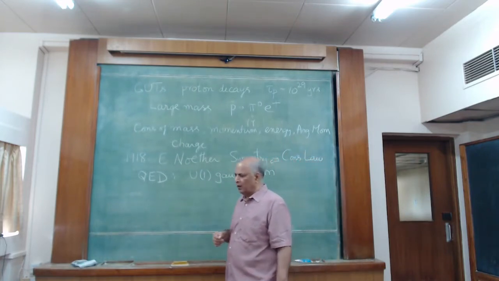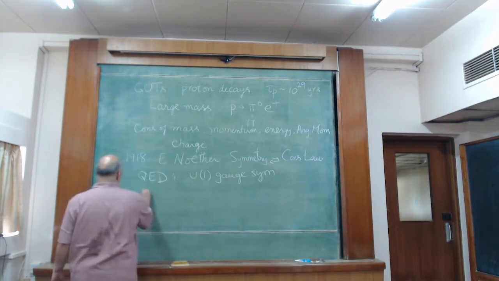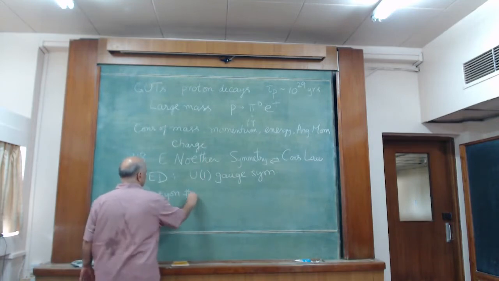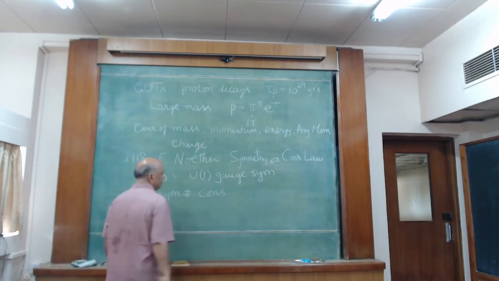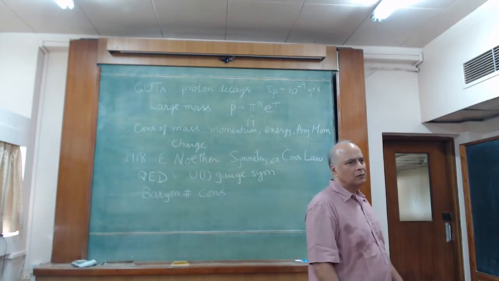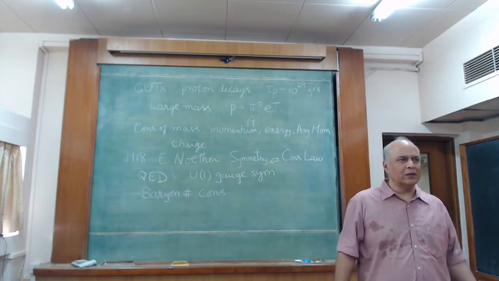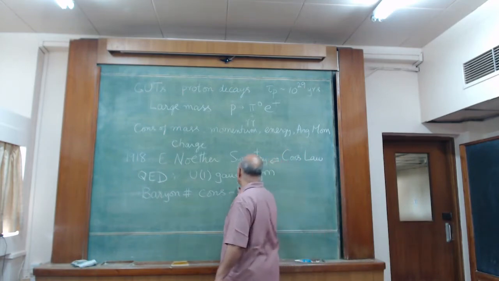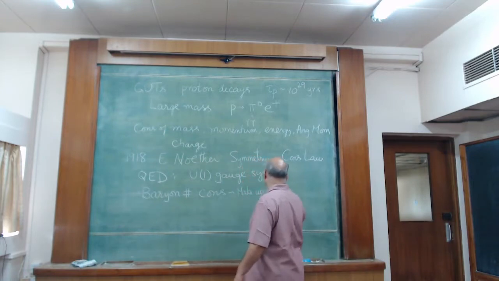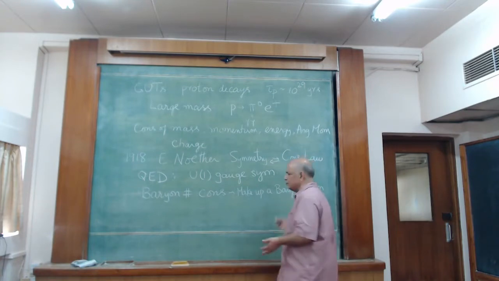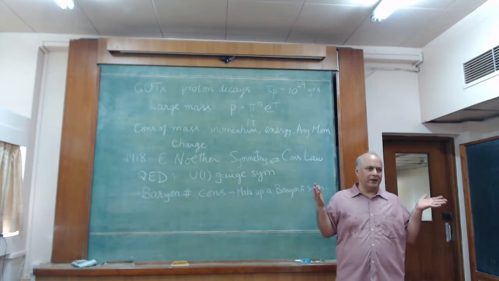Now, in the last class, we talked about baryon number conservation. Where does baryon number conservation come from? What is the symmetry behind baryon number conservation? Well, you can make up a baryon number symmetry, but it's a made up symmetry.